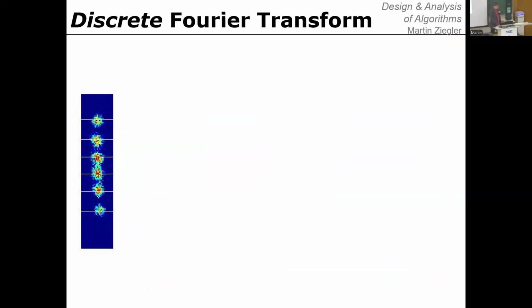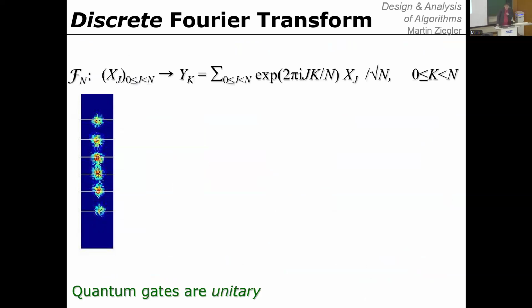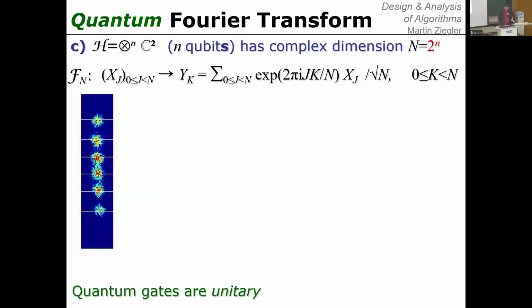We also already discussed the Fourier transform, first reminding you of the discrete Fourier transform, which you may or may not have learned about in CS204, discrete mathematics, and its quantum counterpart, operating on input vectors of length dimension 2 to the n, or n qubits.